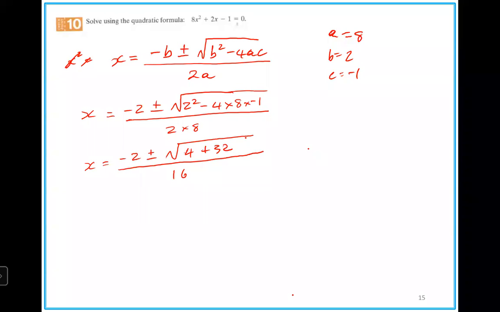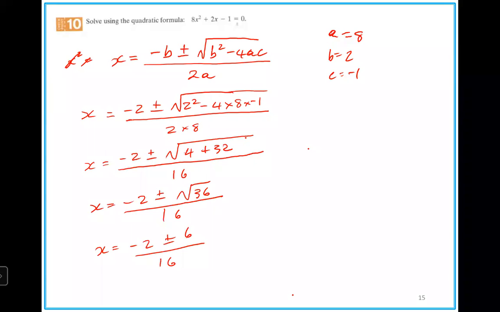So then x is equal to -2 plus or minus the square root of 36 over 16. X is equal to -2 plus or minus 6 over 16.